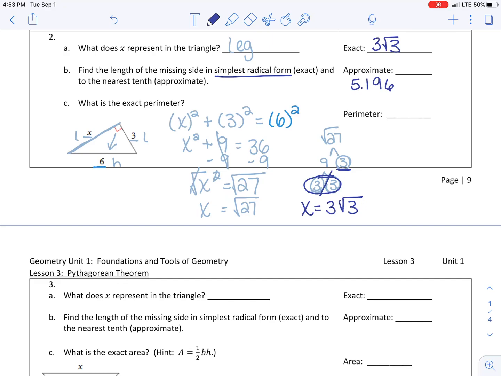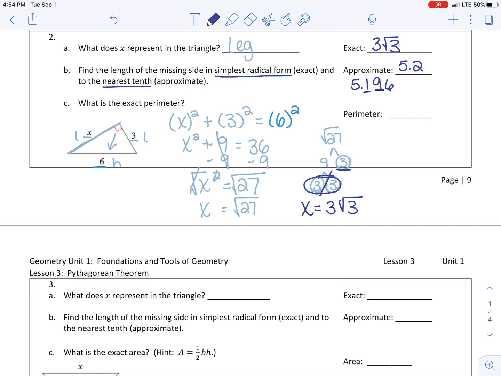It tells us to the nearest tenth for the approximate answer. So tenth is 1 decimal place. We look here, we have a 1, so we want to look at the number next to that. Since that is a 9, that's going to round that 1 up to a 2. So it's going to be 5.2, approximately 5.2 units.